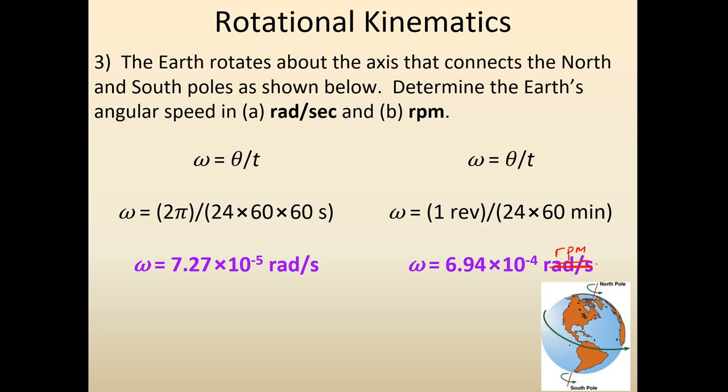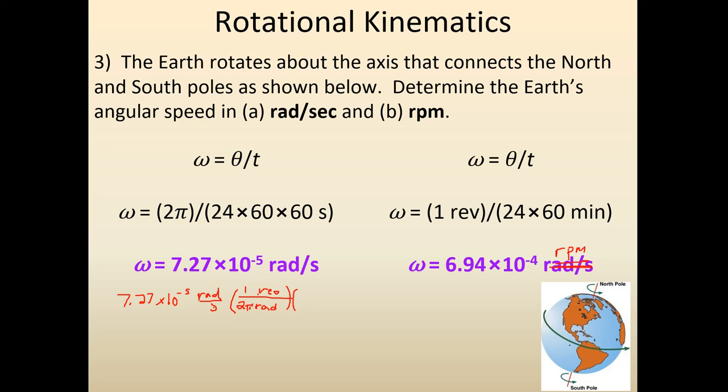If you wanted to, you could have also found a way to convert this. Like I said, you could have done this, 7.27 times 10 to the negative fifth. You could have used dimensional analysis. I want the radians to be canceled out, so I put that in the bottom. I want revolutions up top. One revolution is 2 pi radians.